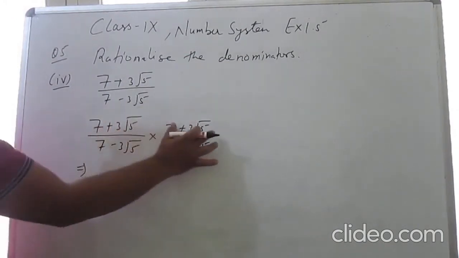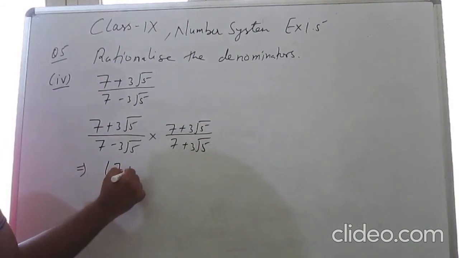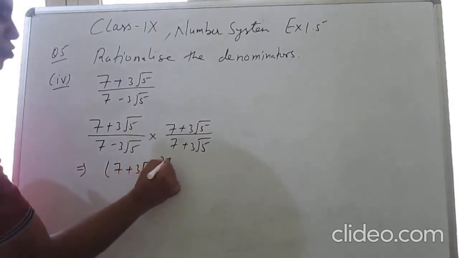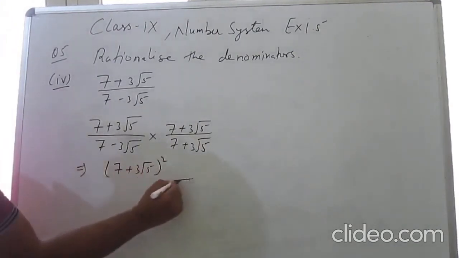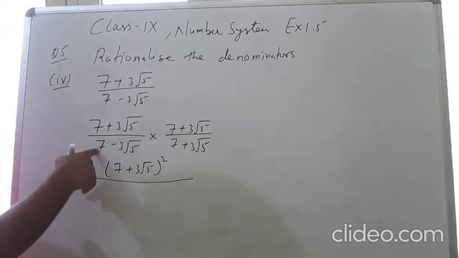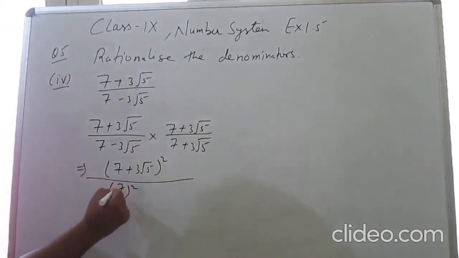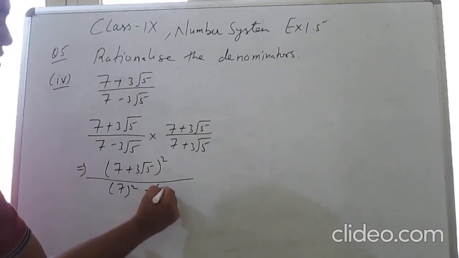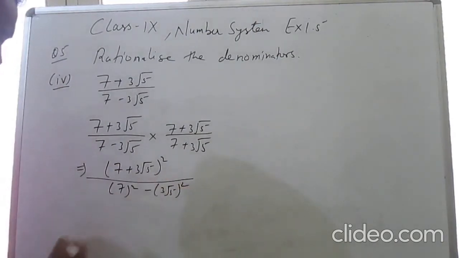In the numerator it means a plus b, a plus b, which means 7 plus 3 root 5 whole square. Here you can use the identity of a plus b whole square, and in the denominator 7 square minus 3 root 5 whole square.